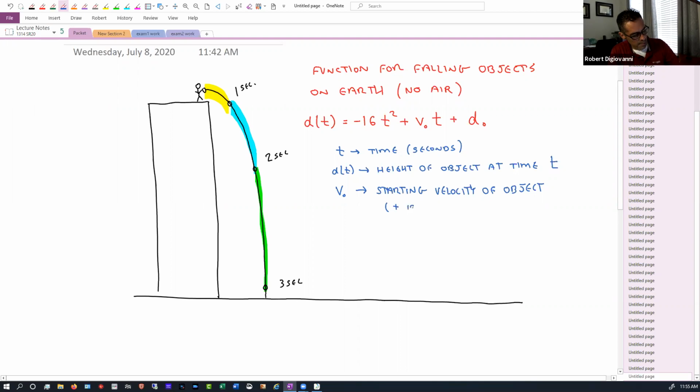Positive if up, negative if down. Again, I'll explain that in a second. And then D naught is your starting height, and this is measured in feet. I should also say up here, the position of the object after a certain amount of time is also measured in feet.